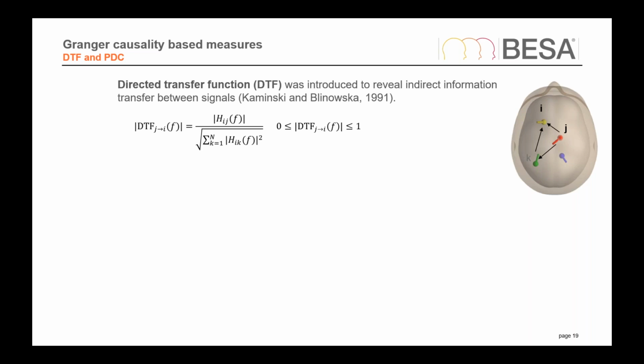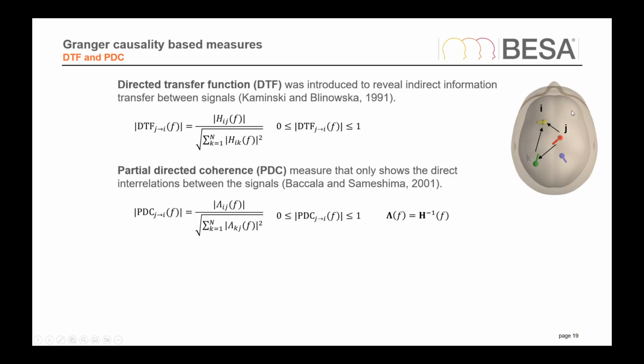We can see on the plot here that the idea is that if there's information transfer from J to I, it can happen directly, or it can happen via another route, and this should also be considered here. In contrast, we have the partial directed coherence, which measures only the direct interrelations between the signals. So this will remove the indirect pathway from this estimation.